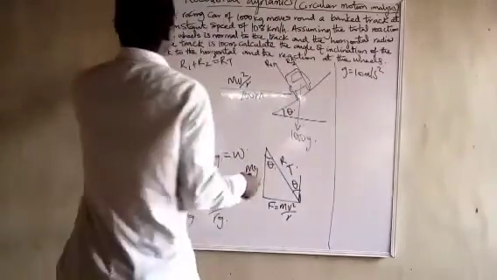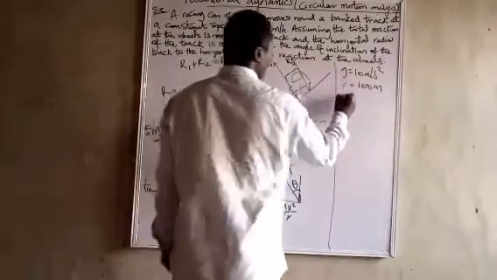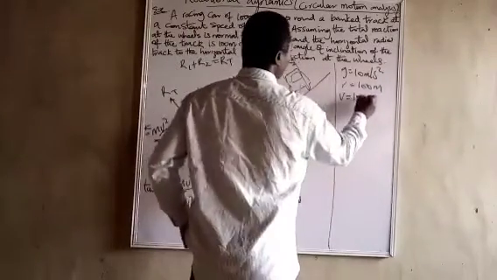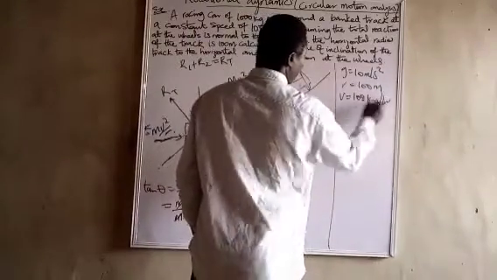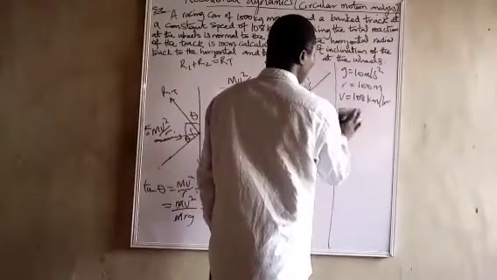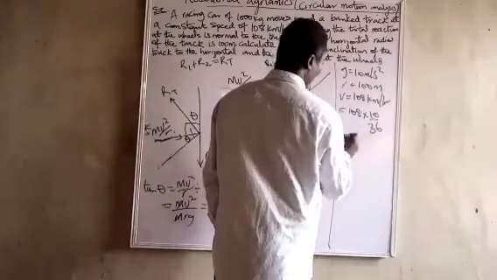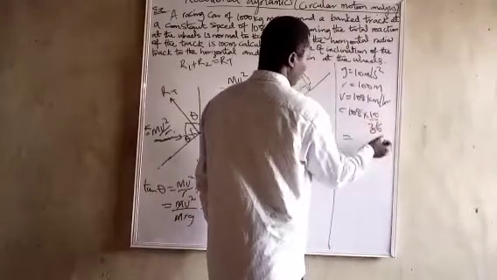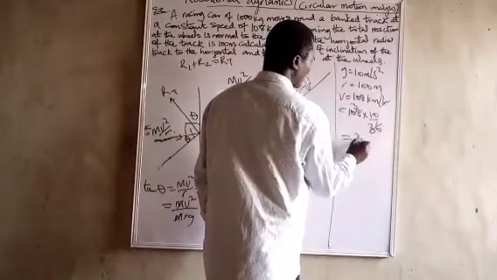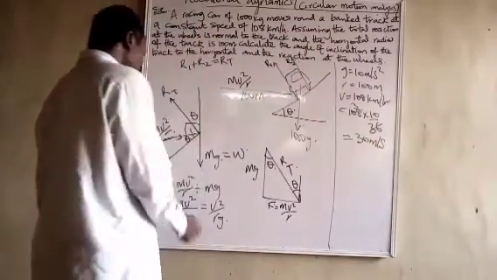R, we are given to be 100 meters. And v, we are told, is 108 kilometers per hour. So we have to convert to meters per second. The procedure is 108 times 10 over 36, and by the time you cancel, that's going to give you 3, so we have 30 meters per second.